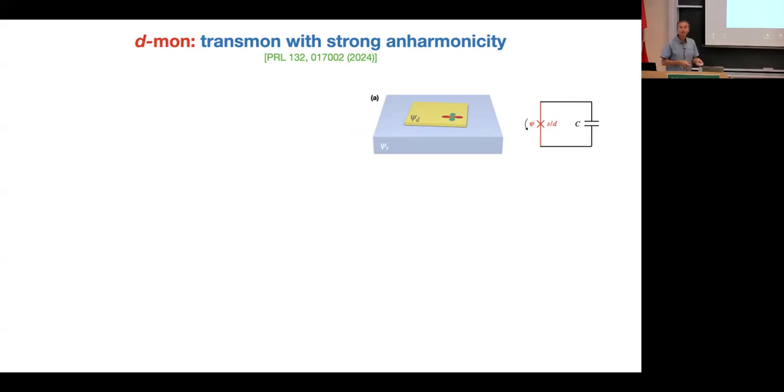So instead of using aluminum, we propose to use actually a D-wave superconductor. There's several different designs, but the simplest is to put a flake of D-wave superconductor on a conventional S-wave superconductor.